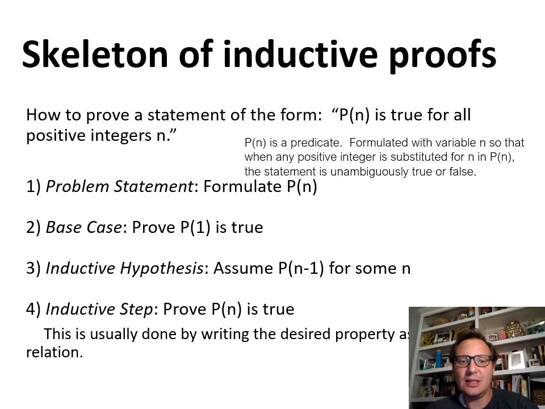Another one is that maybe our base case sometimes is not going to start with P of 1, but maybe P of 0 or P of 2 and so on. And finally, if our recursive formula, for example, is referring to two past elements, for example, k minus 1 and k minus 2, then our base case will have to be proven for two initial numbers, for example, for both P of 1 and P of 2. So we'll see these variations later in the semester.